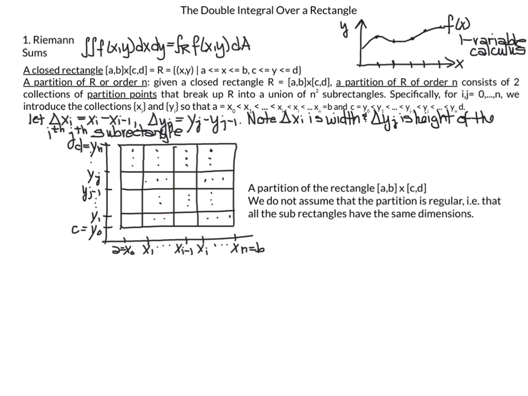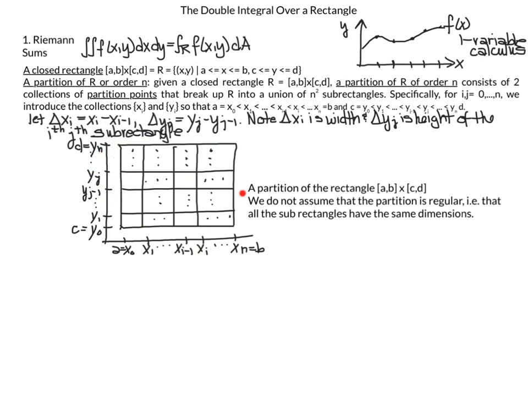And just a note, this definition doesn't say that these subrectangles have to be the same size. That is not a requirement, but that's nothing to worry about right now. In my example here, I partitioned x into 1, 2, 3, 4 subintervals, and y also into 1, 2, 3, 4 subintervals.